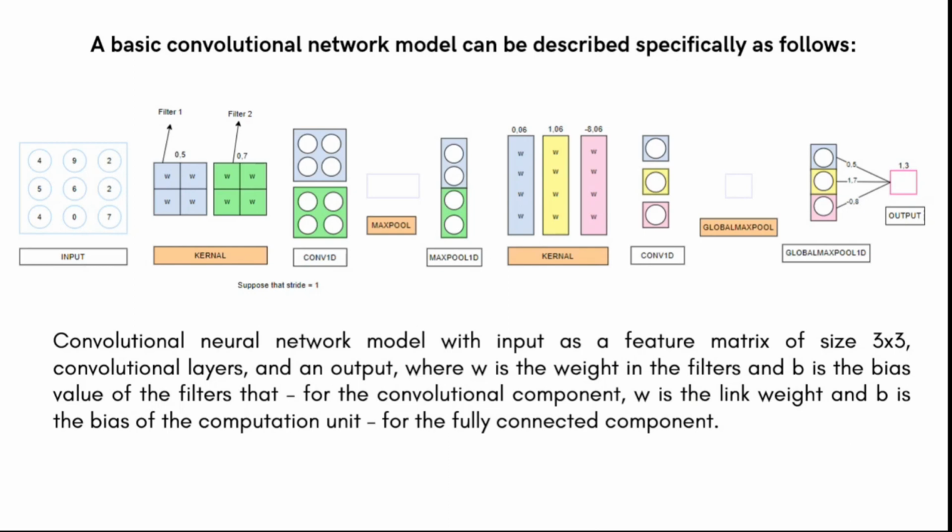For the convolution component, W is the weight and B is the bias of the computing unit for the fully connected component.